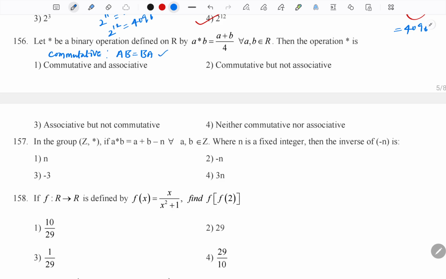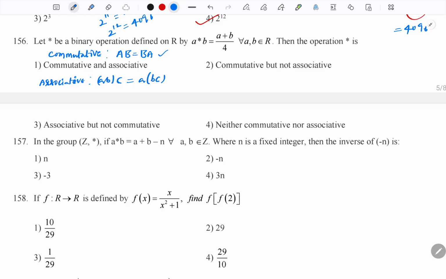What is associative? A star B, I mean multiplication. Here, do not just write multiplication. If AB into C equals A times BC, then we can say it's associative.